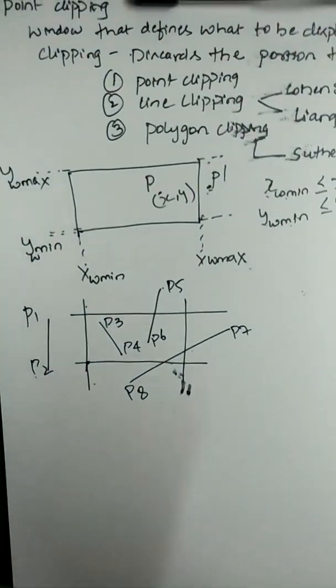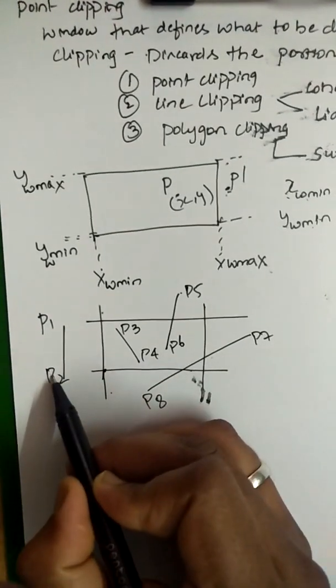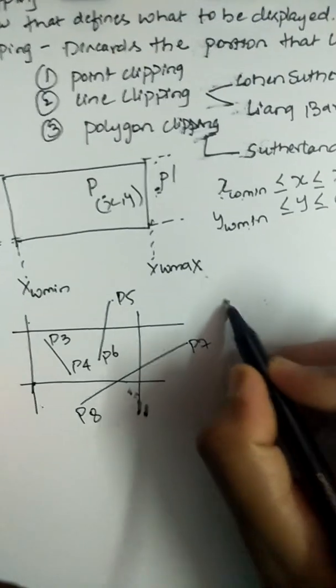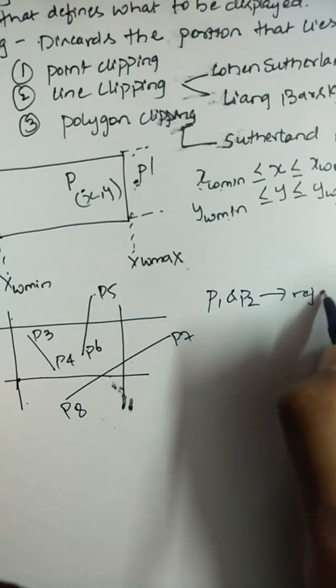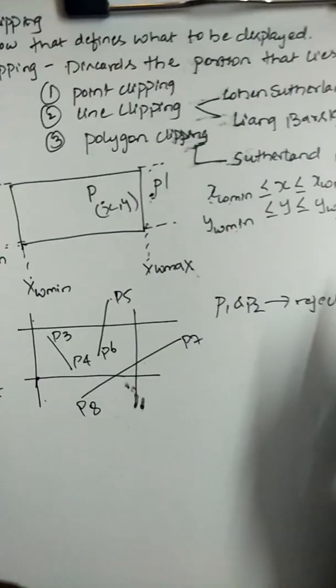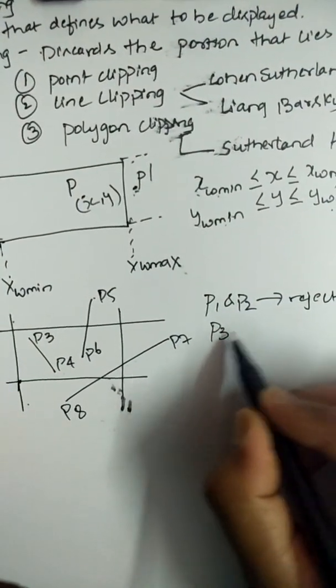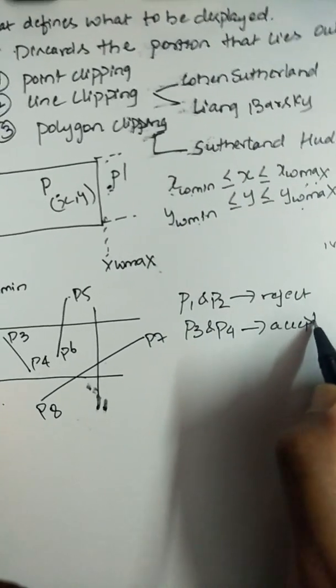Before we run the algorithm, using common sense, we can say P1 and P2 is lying outside, so I'll reject the line. Whereas P3 and P4 are lying inside the boundary, so I will accept it.